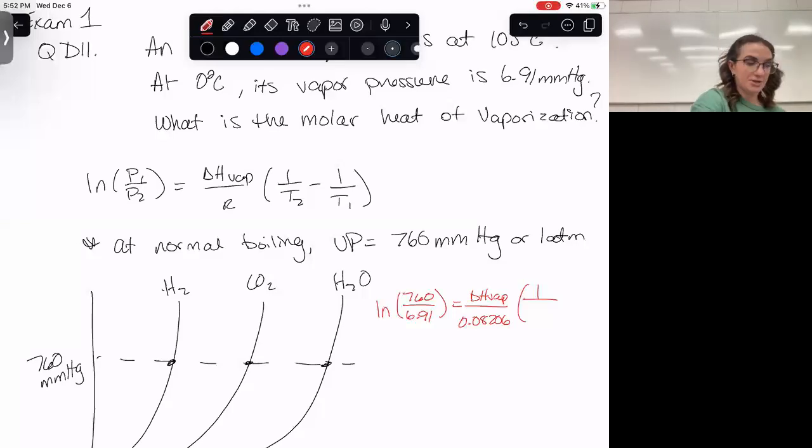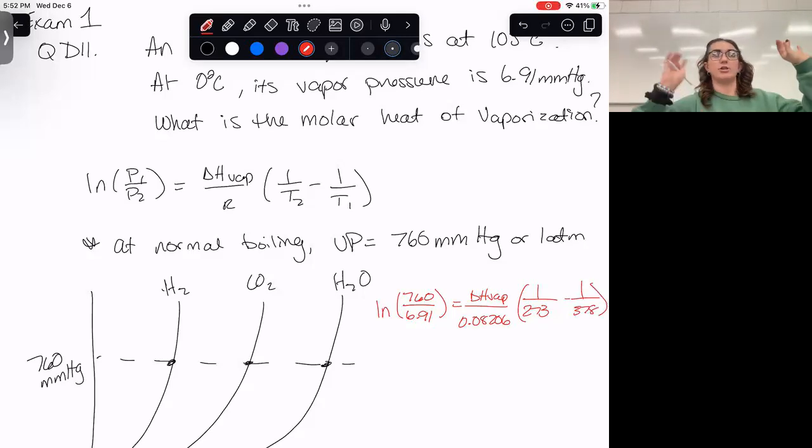This one would be 273, and this would be 378. Our higher pressure and higher temperature go together, and our lower pressure and lower temperature go together.